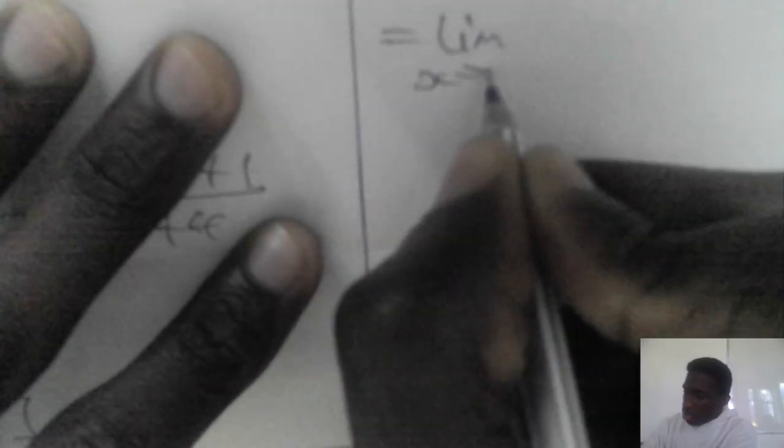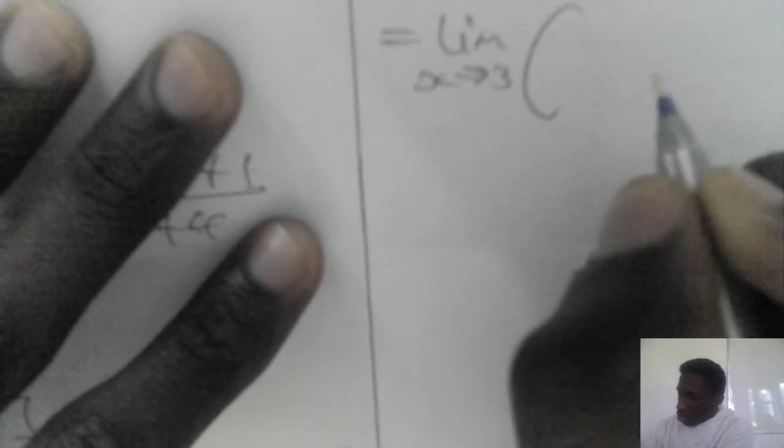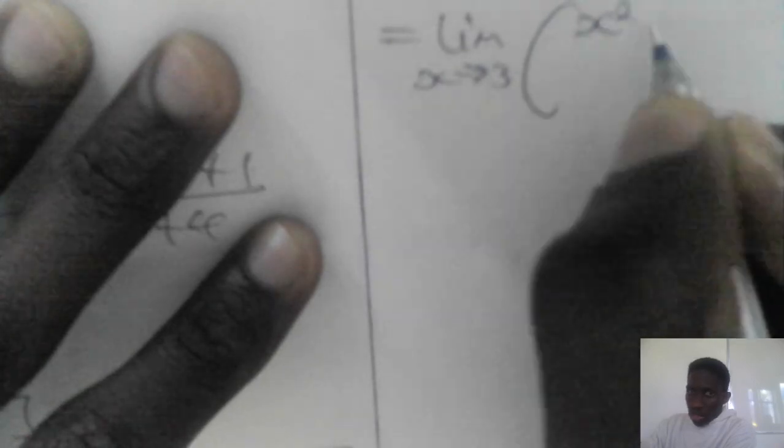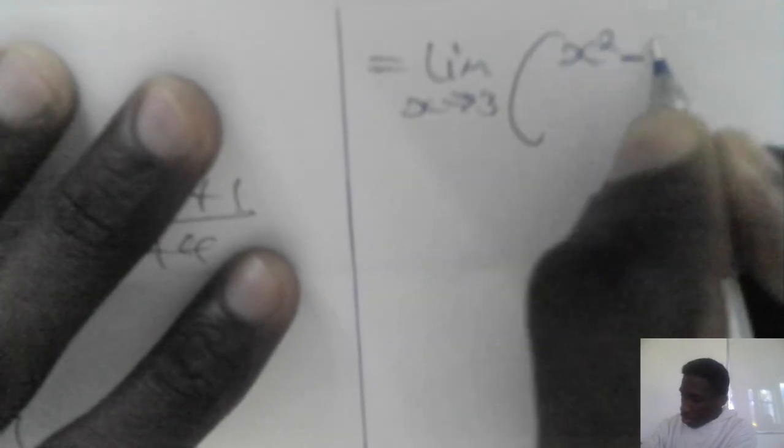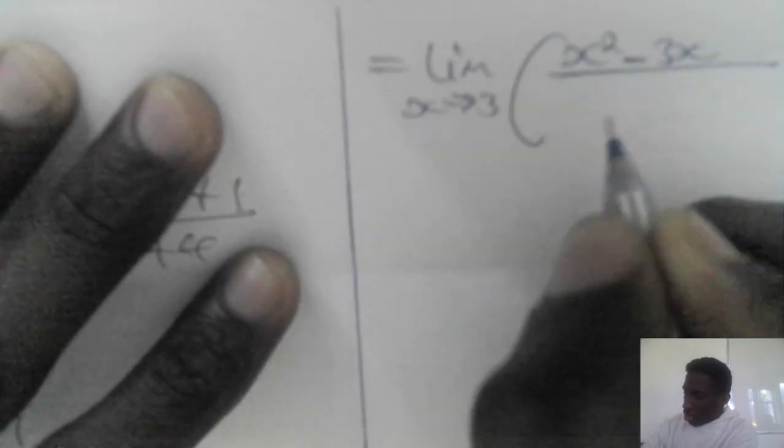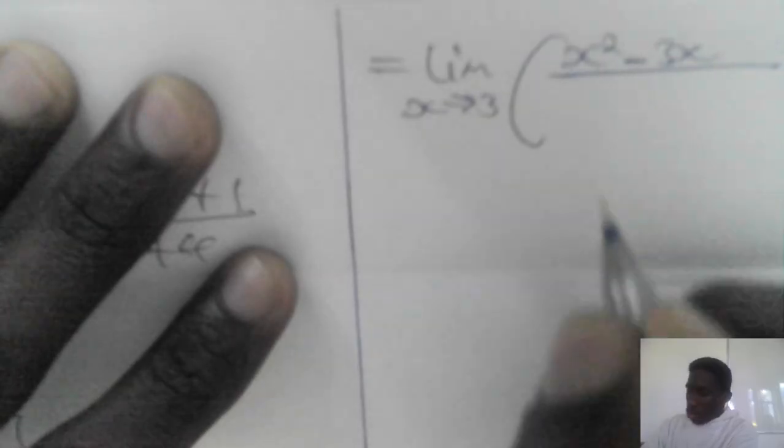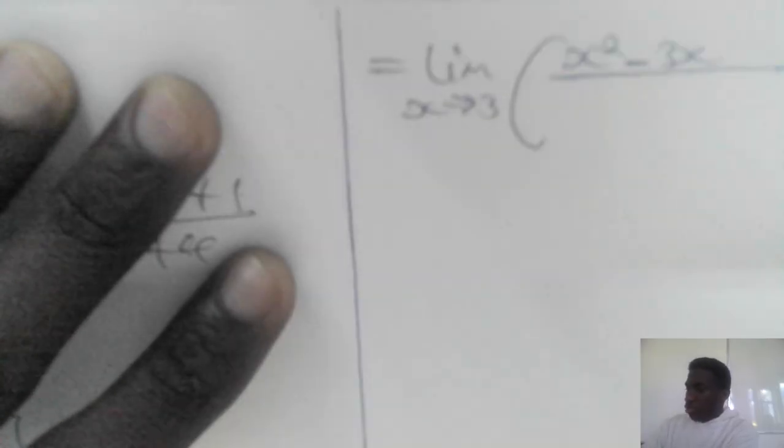So remember, we are not solving that. We are just trying to write the limit in another form that's easily solvable. So we continue. We have the limit as x approaches 3 of x squared minus 3x divided by, now we group them.